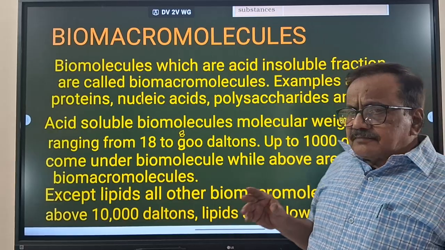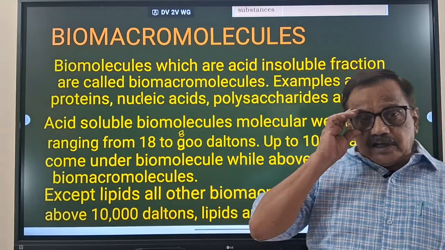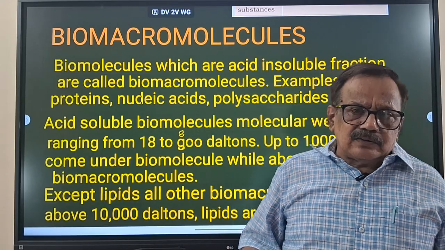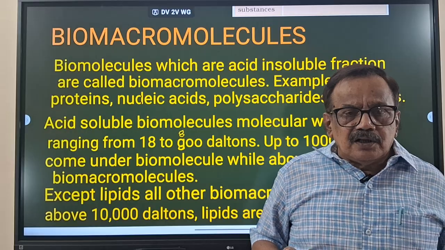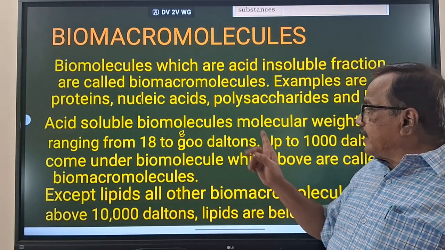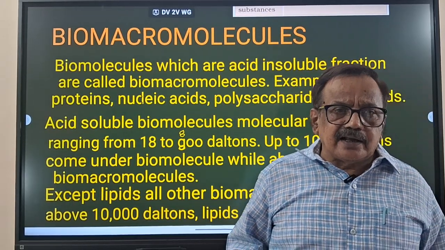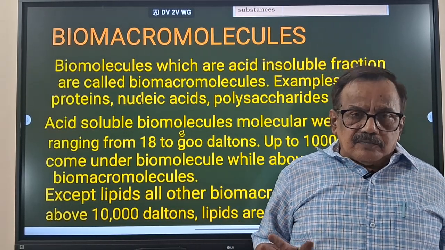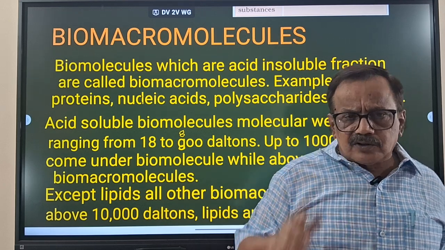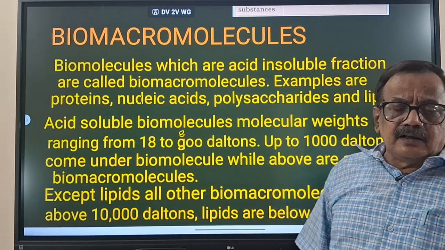And next, how do biomicromolecules and macromolecules differ? It depends upon the size, as I already told. What is that size? It is 18 to 800 daltons, present in the acid soluble fraction. The biomolecules are 80 to 800.